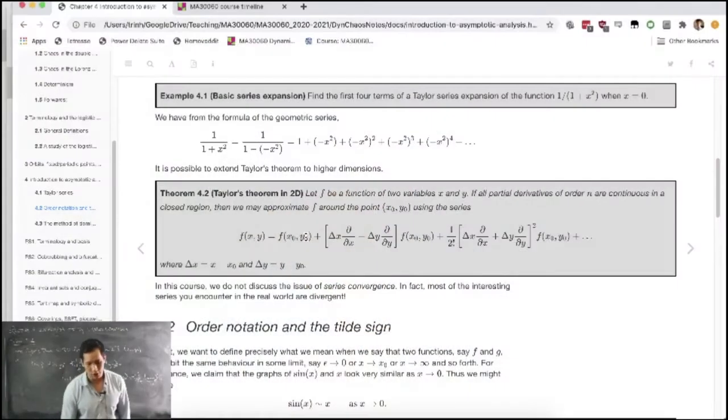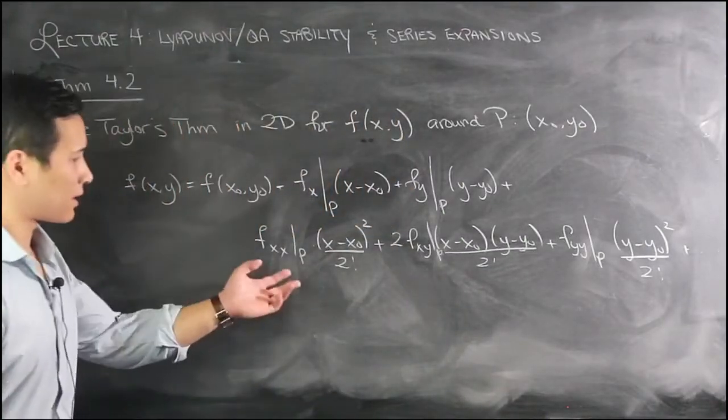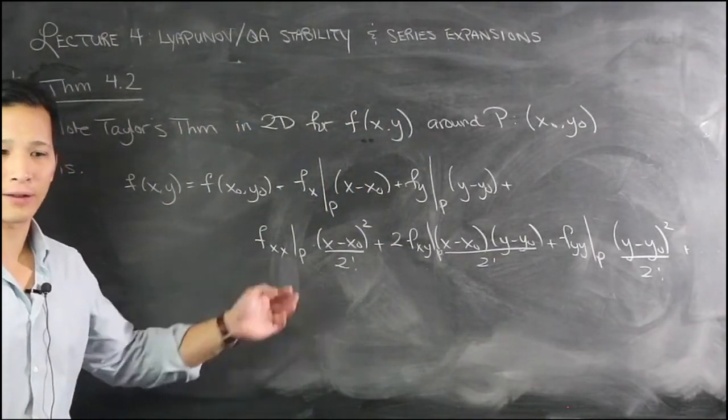You'll see that the definition given here is exactly the same. The difference is that I've written delta x and delta y instead of x minus x naught and y minus y naught, respectively. Okay? This expansion of this operator here, delta x dx plus delta y dy squared, once you expand it out and you'll just verify it, it gives you exactly this.